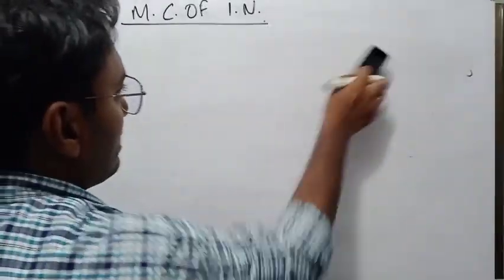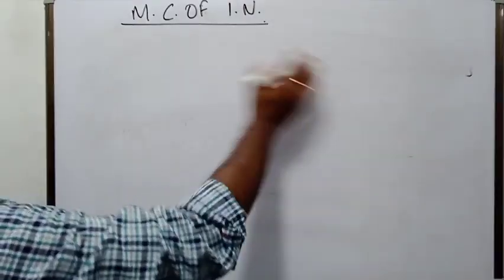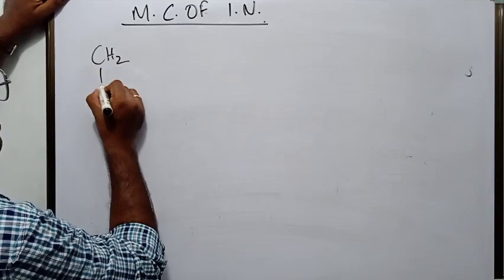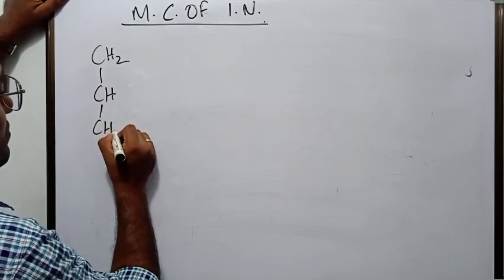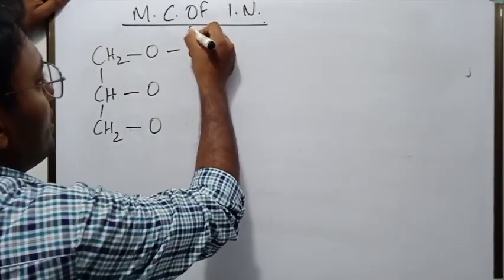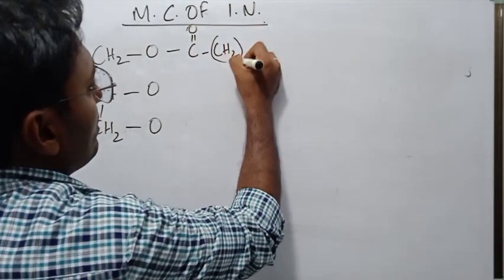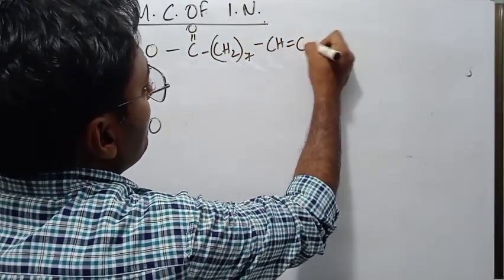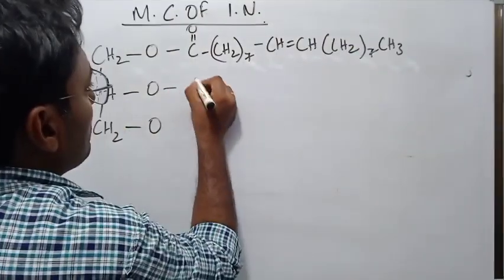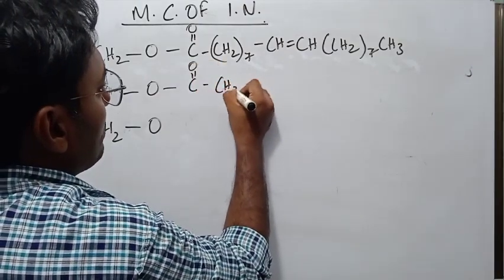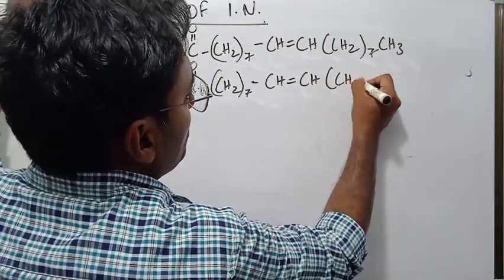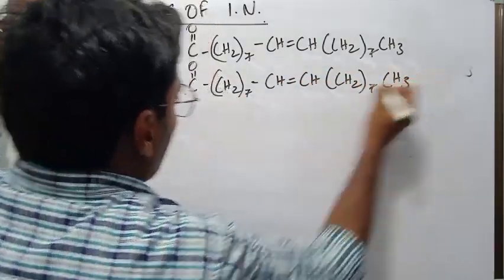So I am going to combine glycerol and oleic acid, which I have drawn earlier, and I am now going to write glyceryl trioleate. I am going to remove H2O and directly link this. I am repeating the same sequence here, writing oleic acid in the second linkage also, and repeating this here.